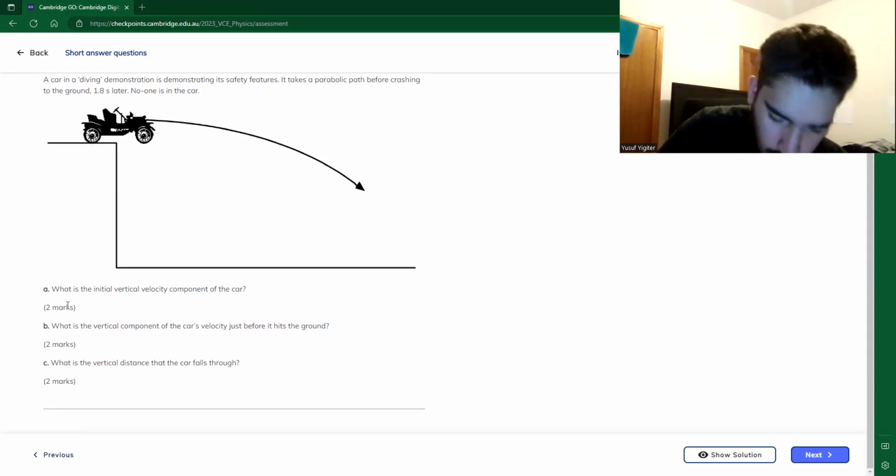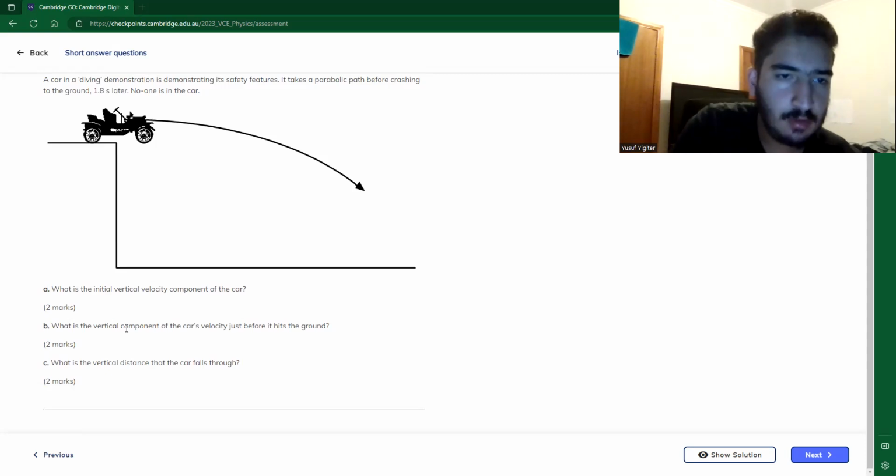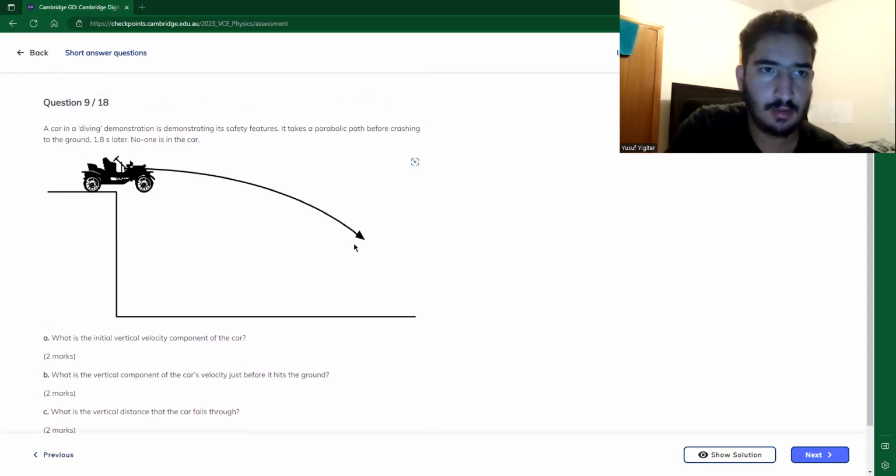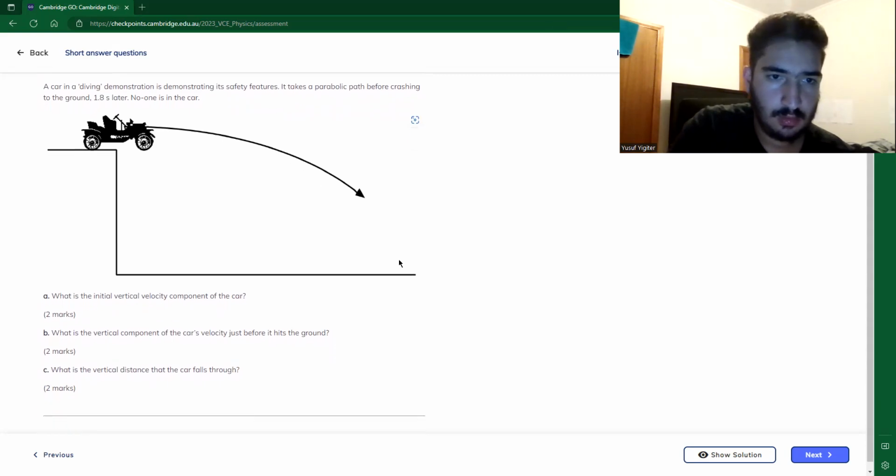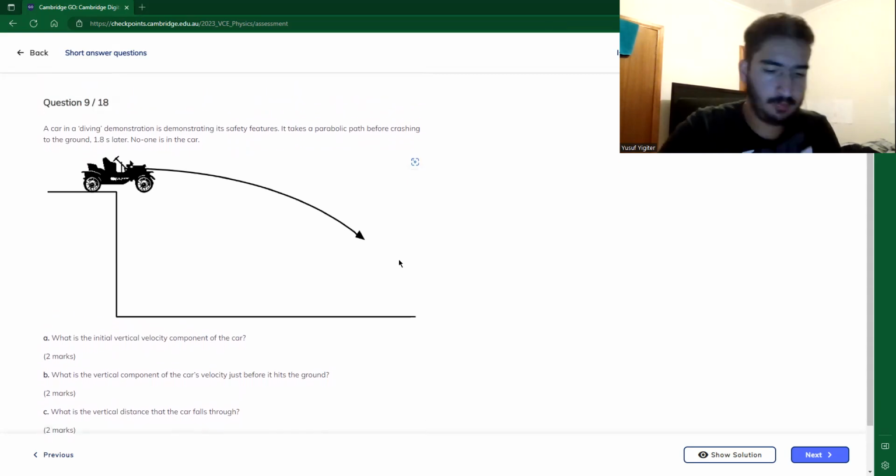Vy equals zero. Okay. What is the vertical component of the car's velocity just before it hits the ground? Now that, I think it does have vertical velocity. Okie dokie. Let's use the formula.